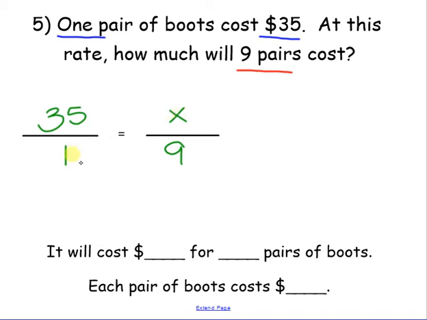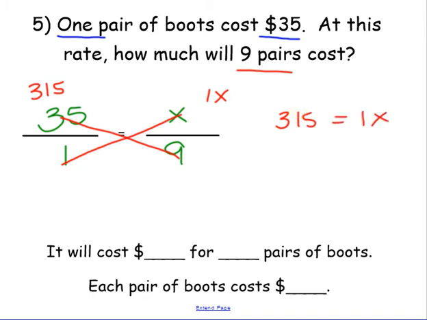So I'm going to go ahead and cross multiply. 1 times x will equal 1x, and then 9 times 35 will equal 315. I'm going to come over here and set them equal to each other. 315 equals 1x.